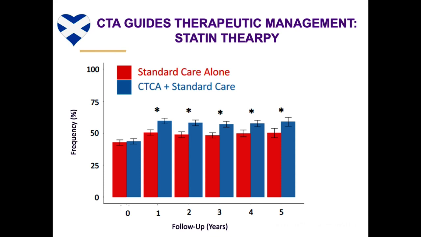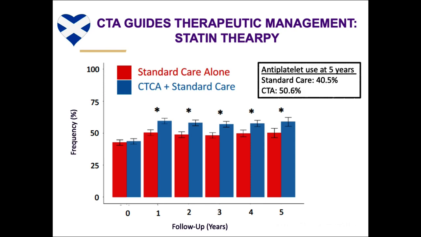So throughout the 5 years of follow-up, there's a higher percentage of patients in the CTA arm that were receiving statin therapy versus the standard of care. And then when you look at antiplatelet use, there was a similar bar graph showing higher antiplatelet use in the CTA arm versus standard of care throughout follow-up, and then at 5 years, the percentages are shown there.